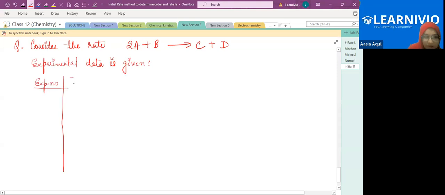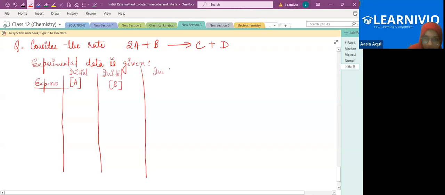I'm just writing the A concentration, this is the initial one, initial concentration of B, and here the initial rate of reaction.